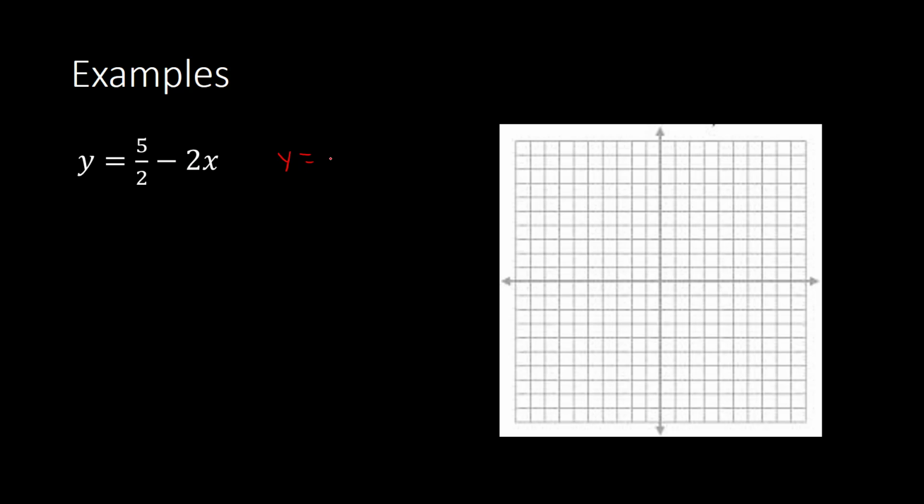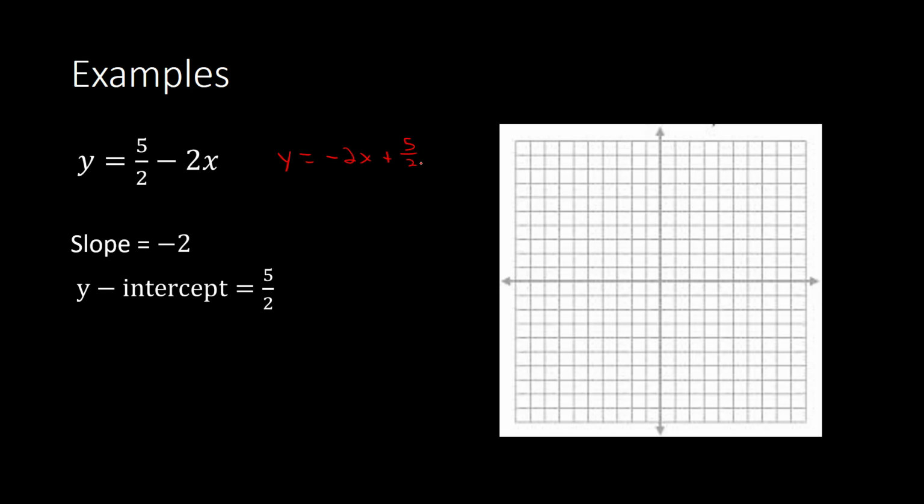So the -2x should be first, and then the plus 5/2 comes second. So when you see it like this, we can tell a little more quickly what the slope and the y-intercept are. The slope is always with the x value. So the slope would be -2, and the y-intercept would be the number by itself, which is the 5/2.